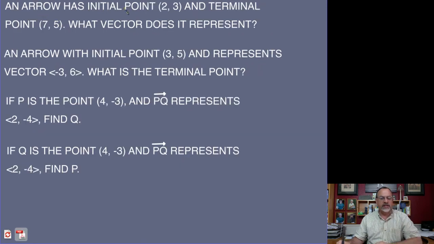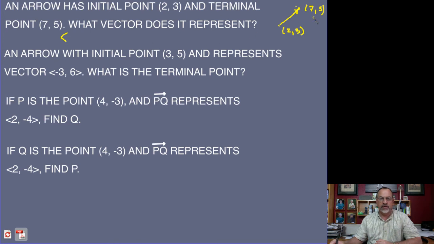If an arrow has an initial point of 2, 3 and a terminal point of 7, 5, what is the actual vector? I'm looking for the components. The initial point is 2, 3, so that's where the arrow begins, and the terminal point is at 7, 5. So I'm going to do head minus tail.